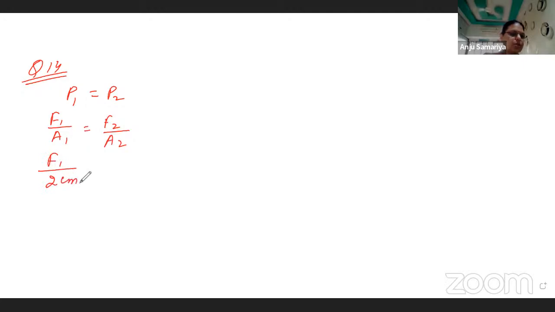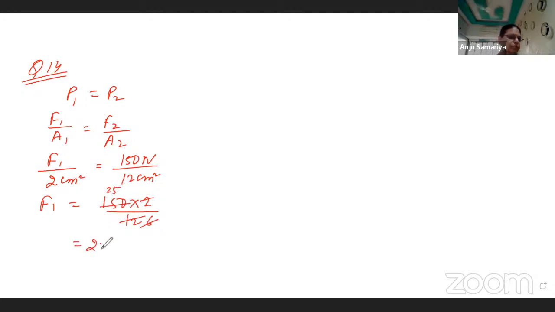A1 is 2 centimeters square. That is equal to F2, which we know is 150 Newton, and A2 is 12 centimeters square. So you can find F1 is equal to 150 into 2 divided by 12. So 25 Newton force.